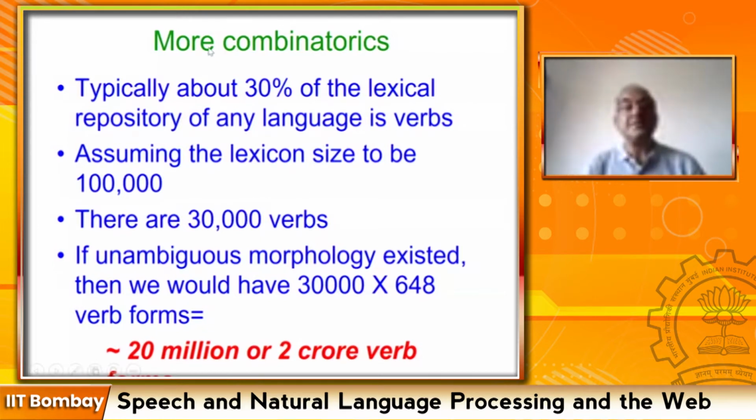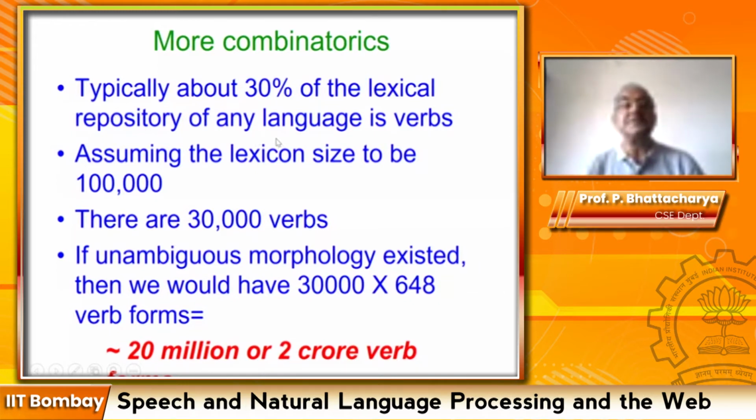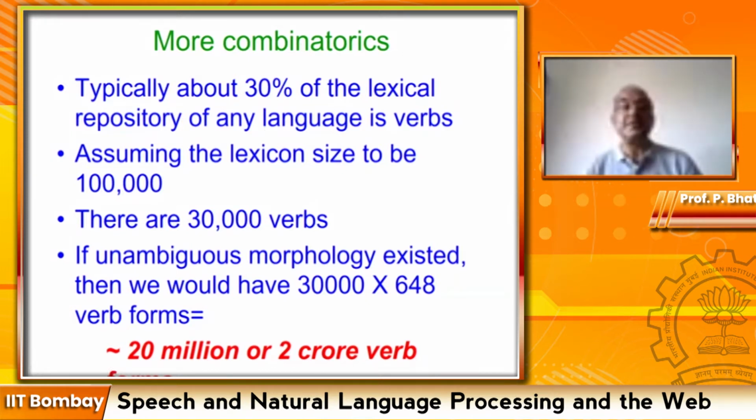So there are some more combinatorial considerations. It has been empirically observed across languages that typically about 30% of the lexical repository of any language is verbs. So that means 30% of the words in a language, the dictionary words in a language, are verbs typically. So if I assume the lexicon size to be 1 lakh, 100,000, then there are 30,000 verbs.